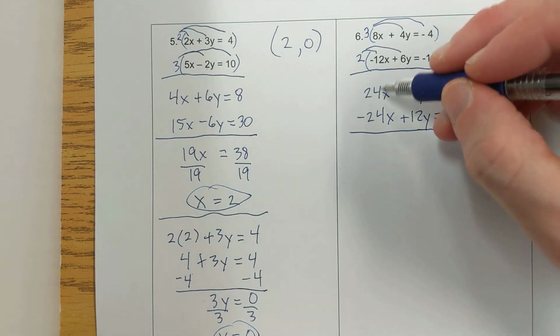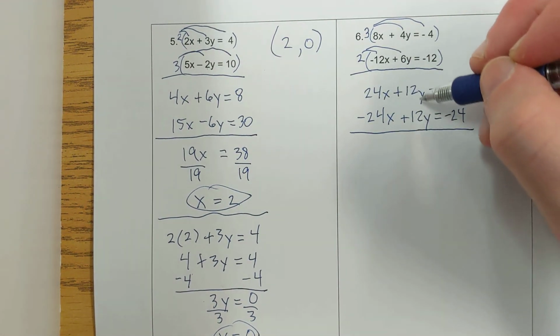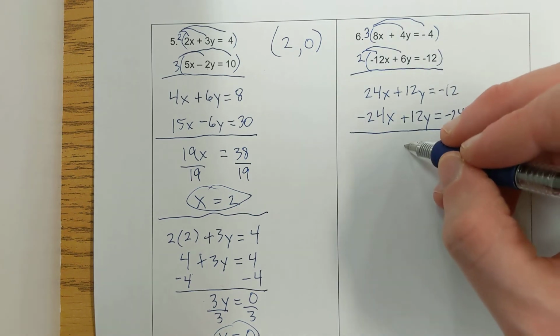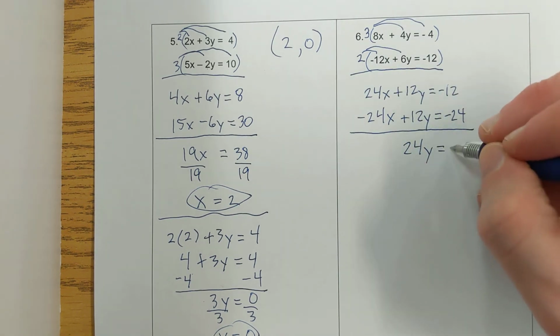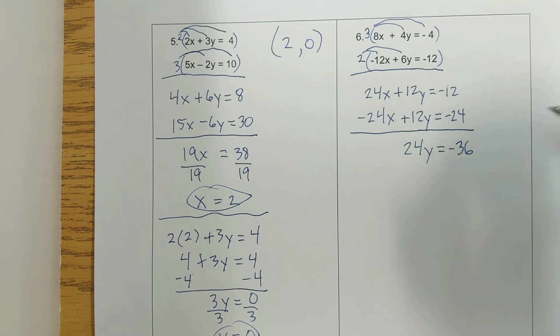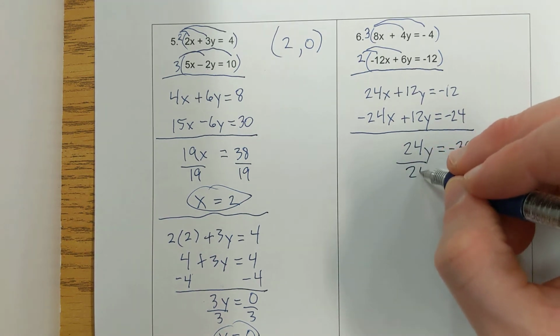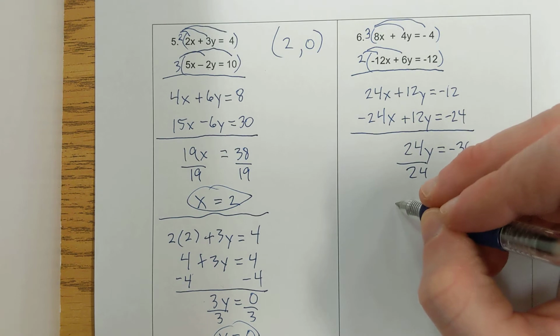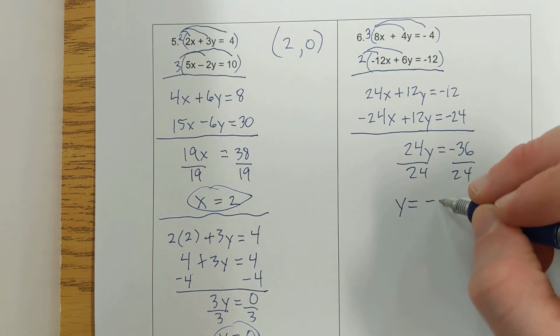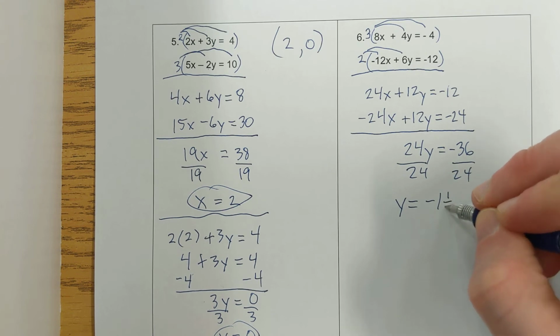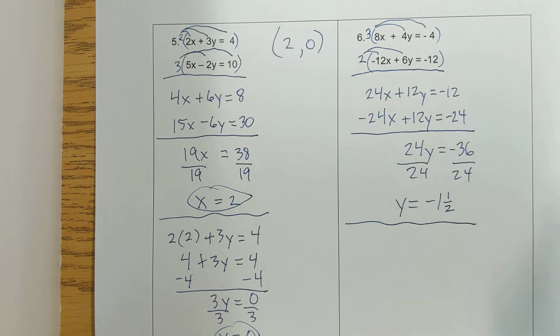Now be careful, the x is eliminated, the y's do not. Even though they do match, they're both positive, so we're going to get 24y. The x's are eliminated, and I get equals negative 36. So I divide by 24, and I get a fraction. Not the end of the world, that certainly is okay. It actually works out to negative 1.5, which isn't too bad, hopefully.